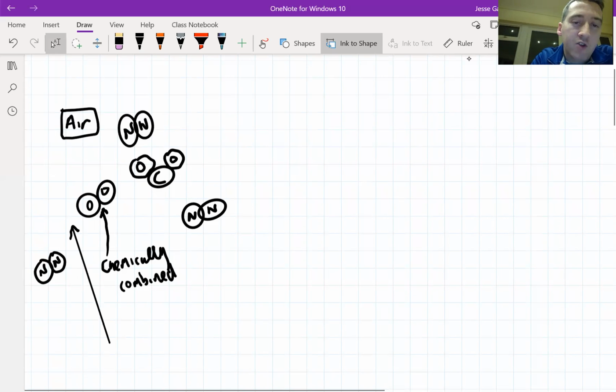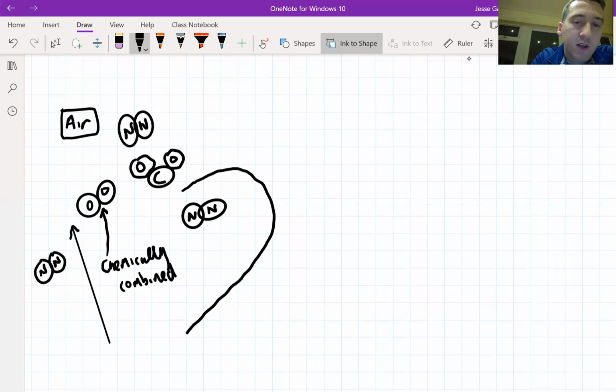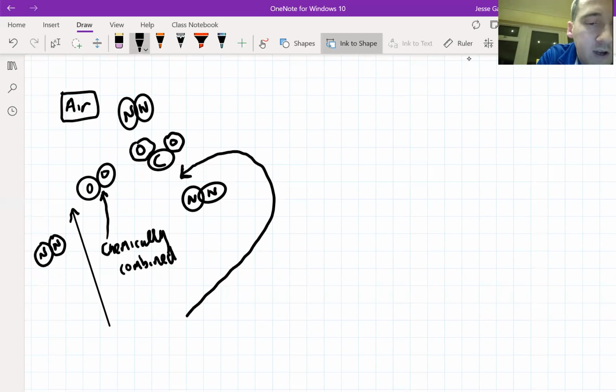And then the nitrogen and the carbon dioxide gas, I'm drawing another arrow into the space between the nitrogen and the carbon dioxide gas. Hopefully, you can understand that there are no chemical bonds between these different substances.